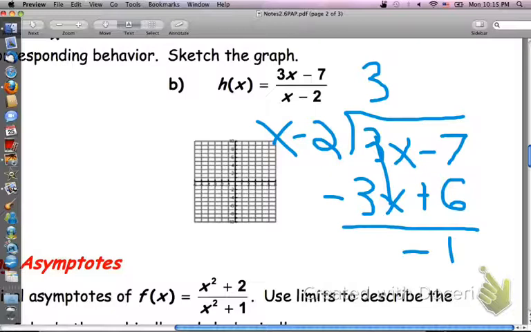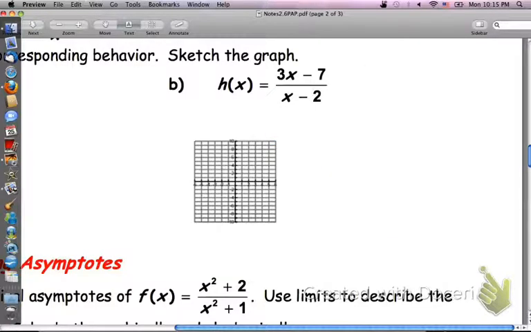So now we can rewrite our original function as 3 minus 1 divided by x minus 2. So 3 was our result, and negative 1 would be our remainder divided by x minus 2. Now, is it a little clearer how our function 1 over x is shifted?